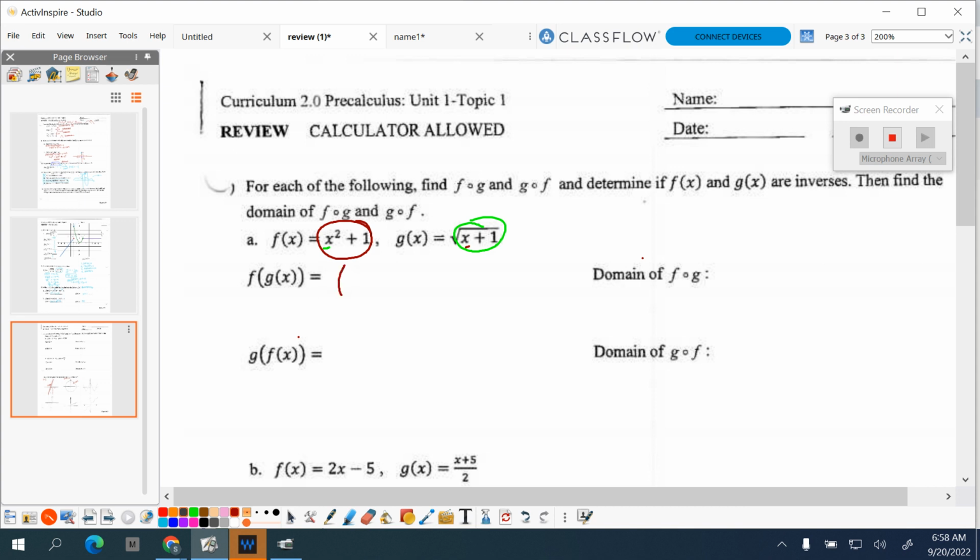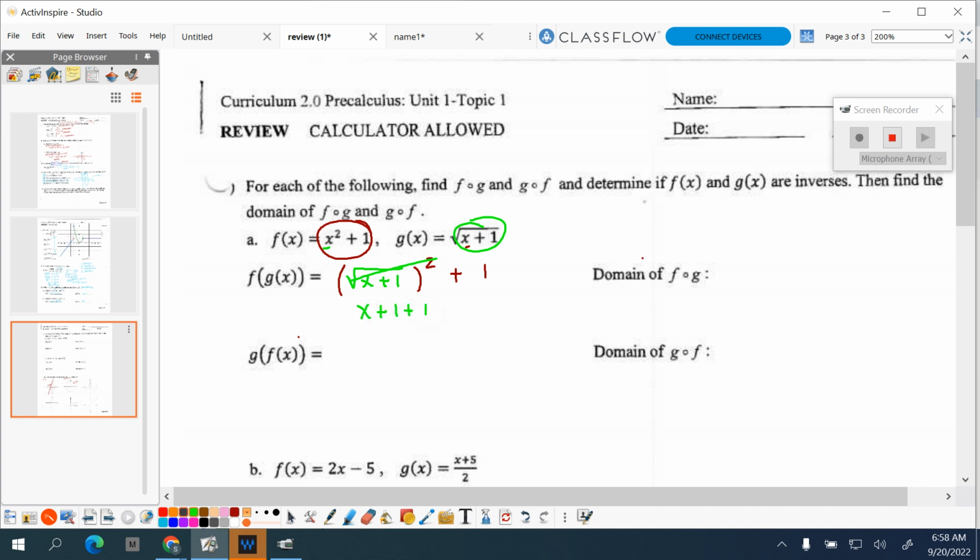So I know inside of x squared plus 1, that group right there, I'm going to place the square root of x plus 1. And as we know, squares and square roots kind of cancel each other out. All right?